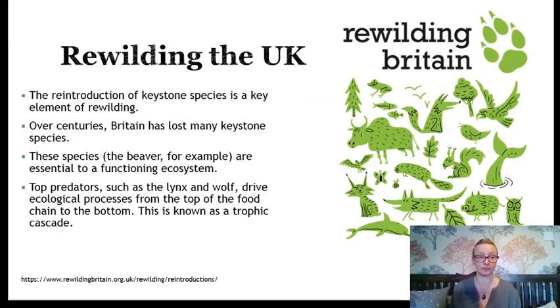Now, one thing that's been going on in Britain, which is really important, and this is fairly recent, they've set up this rewilding project where they've identified a number of keystone species that have been lost from a particular area. So a bit like the otter that we were looking at before.